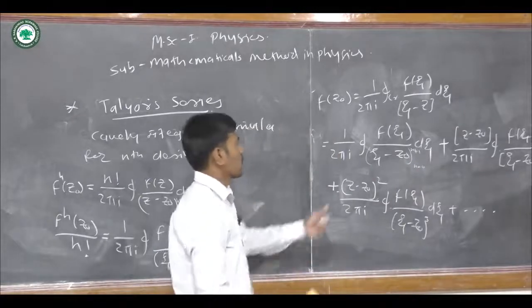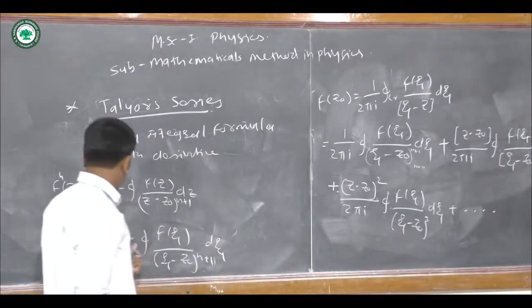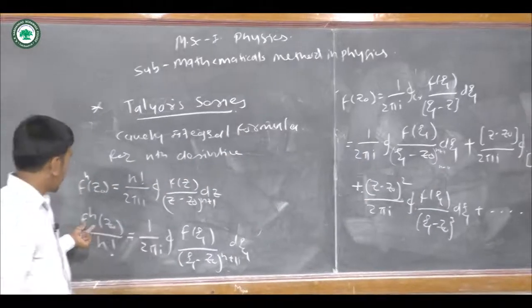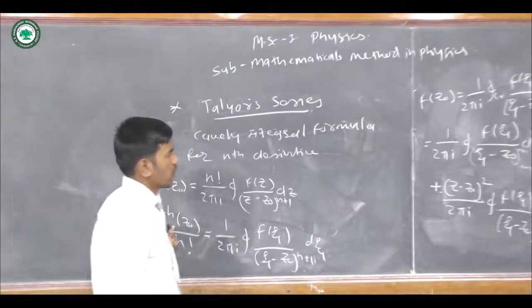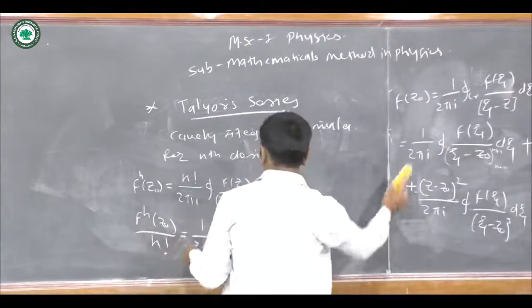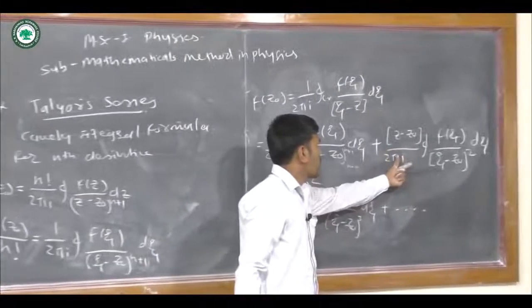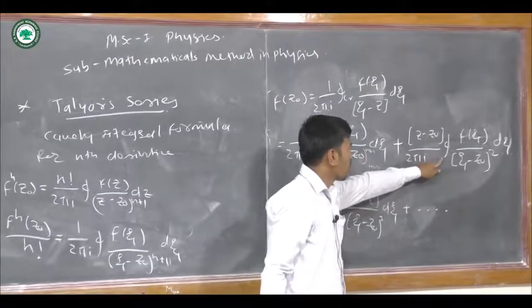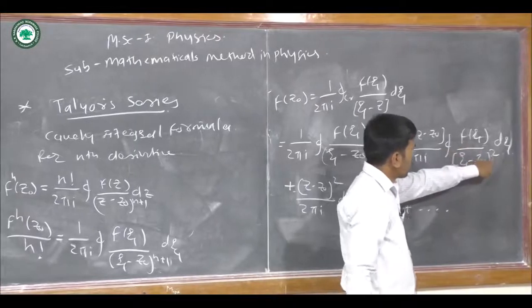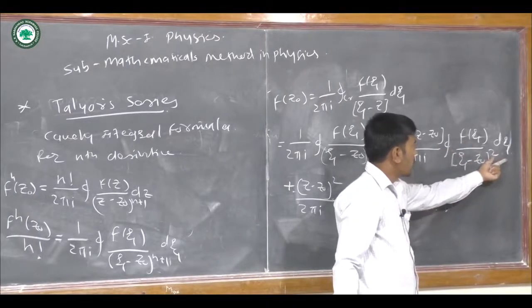Okay, so n is equal to obviously 0. In this case, for n equal to 0, we can write this is f of z naught. Okay, and for the second term, that is z minus z naught divided by 2 pi i closed, here the power is psi minus z naught squared.